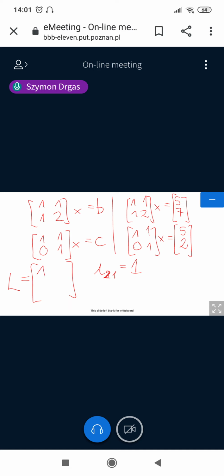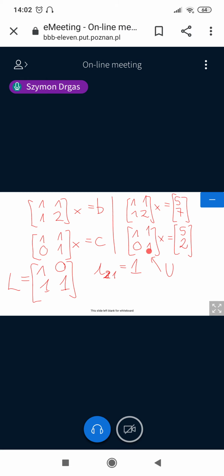So if we use this row, it won't change the first row of the multiplied matrix, and then we can write these numbers, and we can call this matrix U, because it's upper triangular, so all entries below the main diagonal are 0.